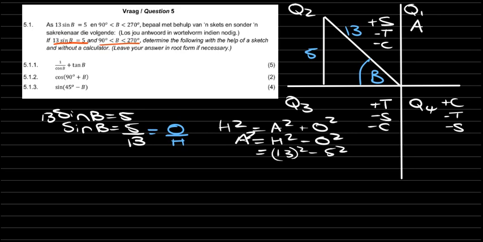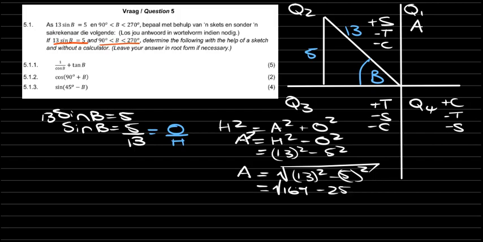We don't want a squared, we want a, so we take the square root of 13 squared minus 5 squared, which is the square root of 169 minus 25, and that gives us the square root of 144, which gives us a value of 12 for the length of a.